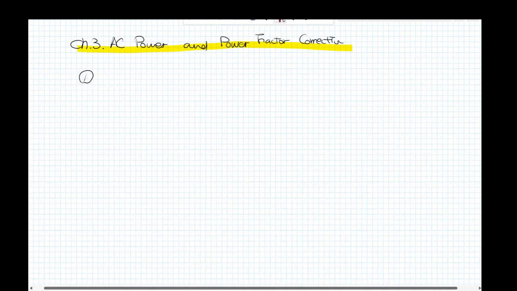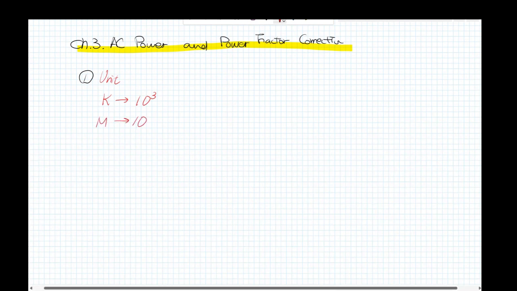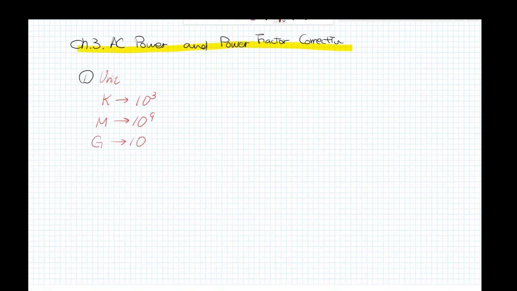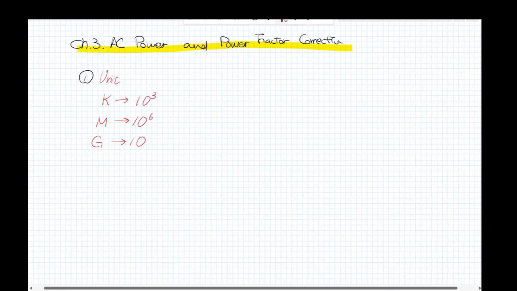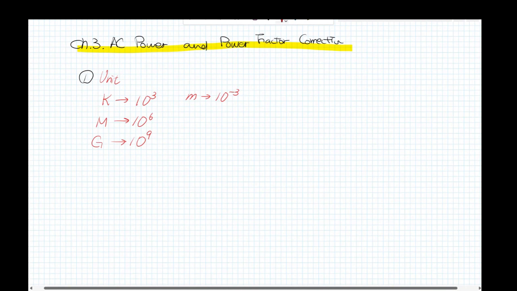So first of all, we have to make it clear, a reminder of the units. Okay. The unit. So the kilo is 10 to 3, and mega is 10 to 6, and giga, the 10 to, I'm sorry, that was the 10 to 6, the giga the 10 to 9, milli 10 to minus 3, and micro 10 to minus 6.